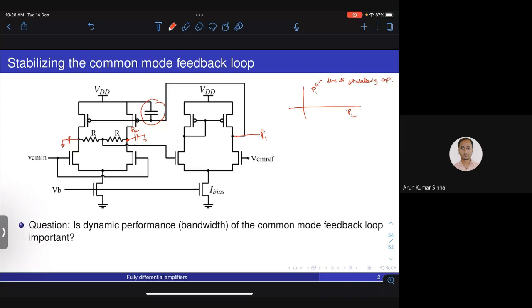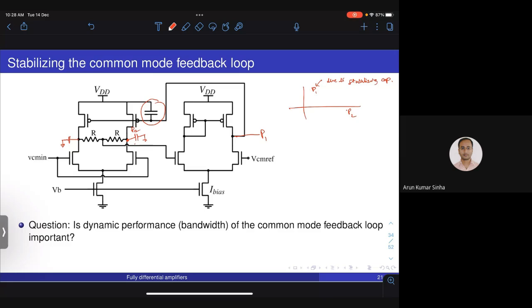Process variation is a one-time thing. It's a DC thing. Temperature changes, or maybe supply voltage changes, or the reference itself drifts. Those drifts are very slow. They happen with time constants of seconds. So even if your common mode feedback loop settles in, let's say, a couple of milliseconds, it is still fine. It doesn't affect the overall dynamic performance of the amplifier for differential input signals.